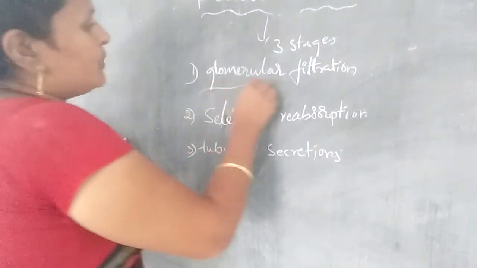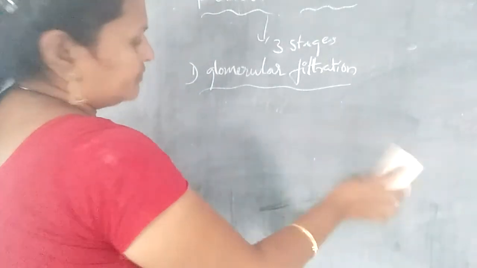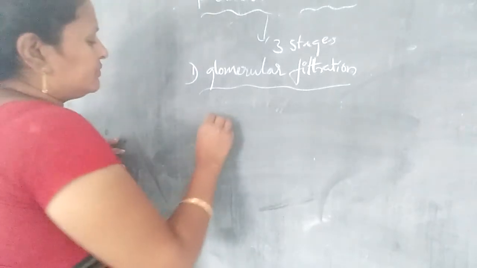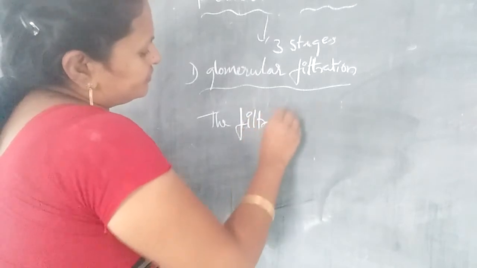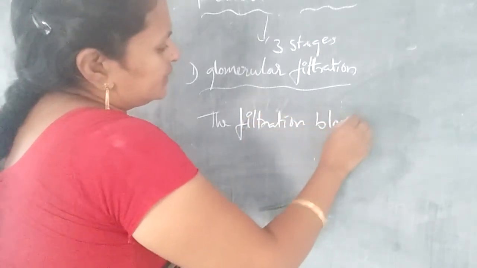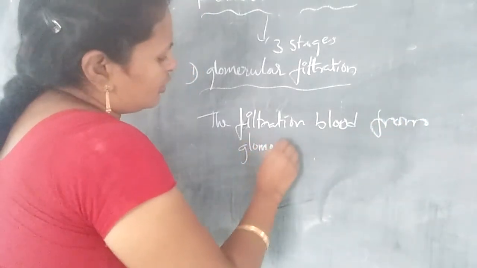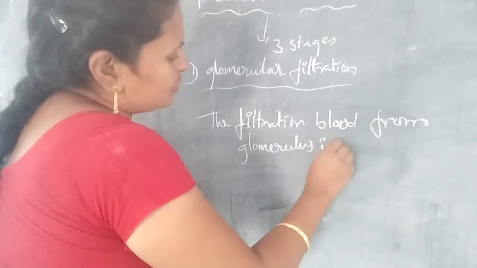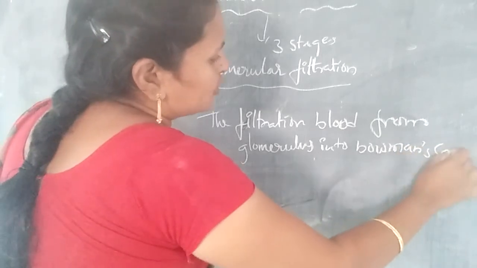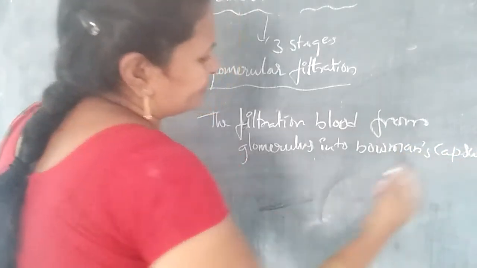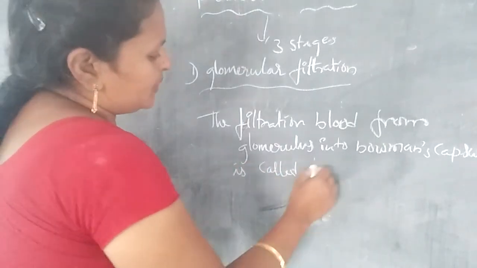First of all, the glomerular filtration. The filtration of blood from the glomerulus into Bowman's capsule is called glomerular filtration.